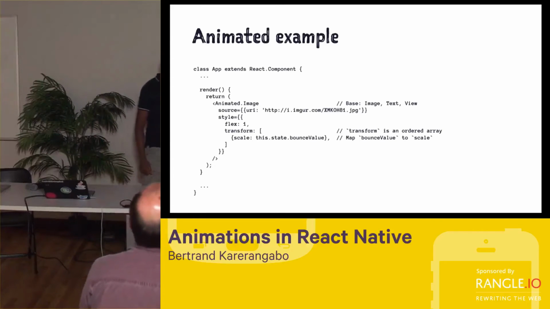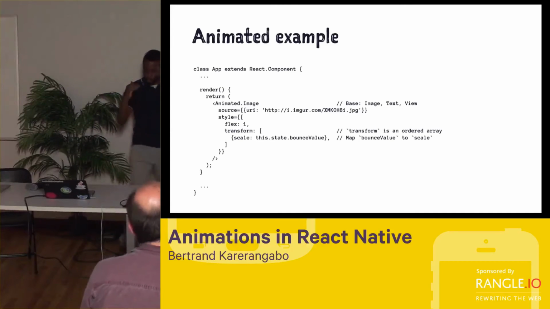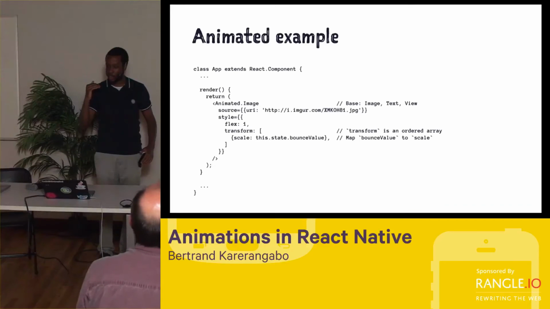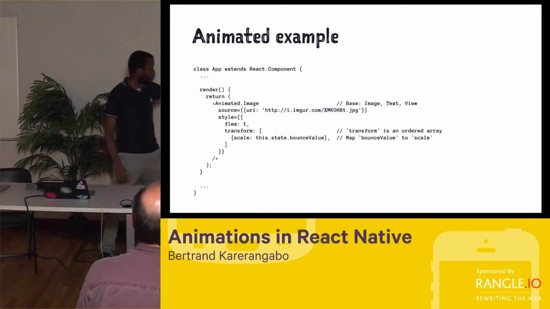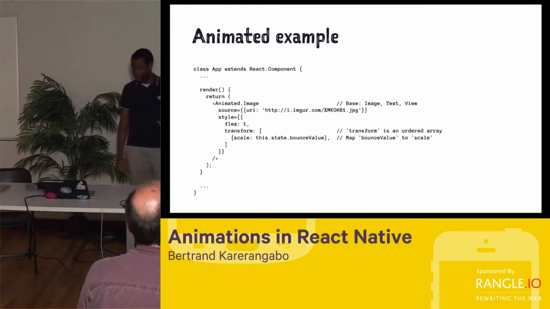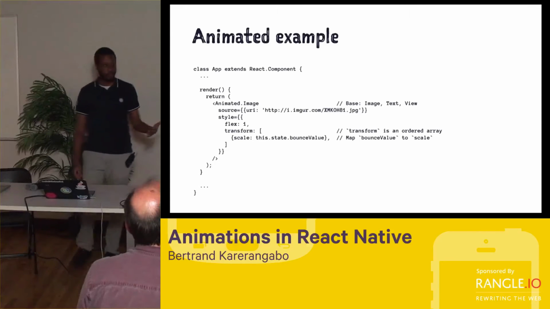What's interesting here is that in styles, under transform, there's an array. It's an ordered array of animations that you want to attach to this component. So in this case, we mapped scale. So that's the scale of that image to bounce value. And that's all we did. Notice there's no set state.